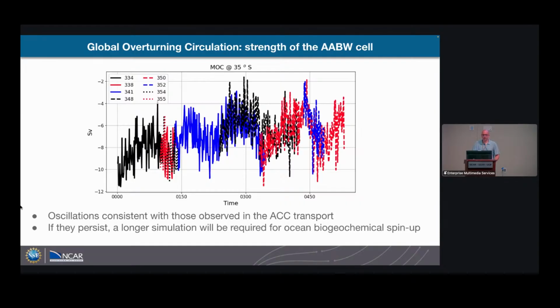And when we are about to do the BGC spin-up, we need to save a couple of history files over a finite period and then loop over that. And if you have these long oscillations, that will make the exercise much harder. Also, that type of oscillation propagates in other modes of variability, as has been shown by others from the CSM development team. So we are trying to address this very strongly.